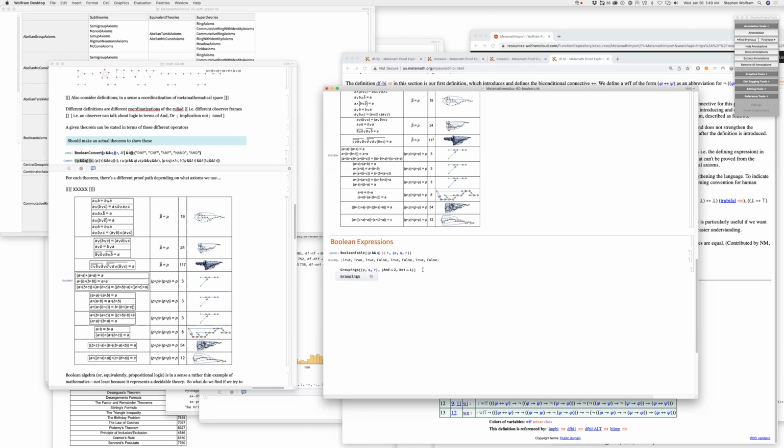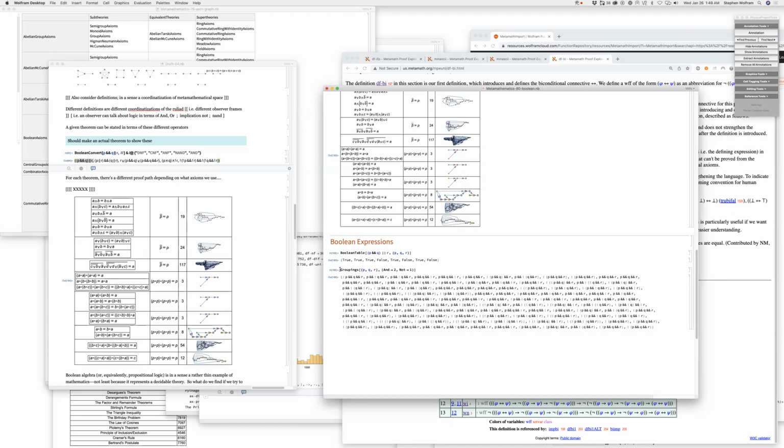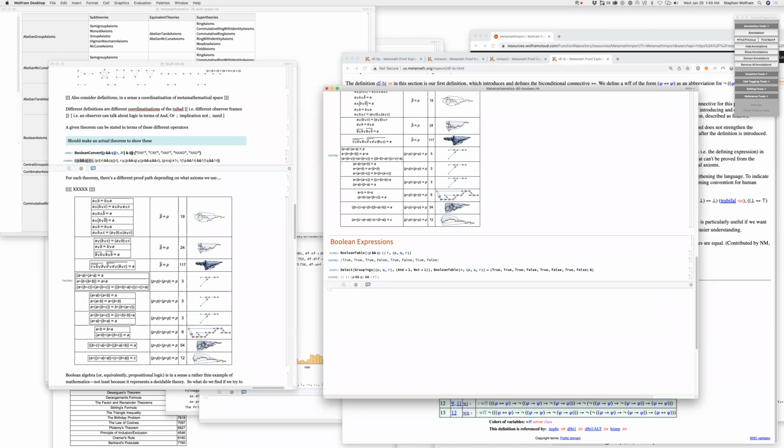And then for each of those, we want to say Boolean table of the function over PQR. Well, we want to say select.